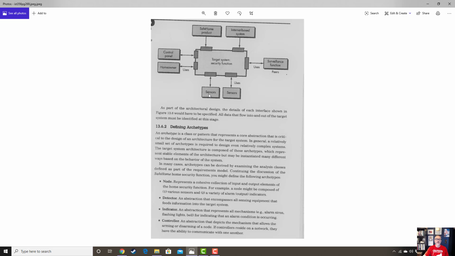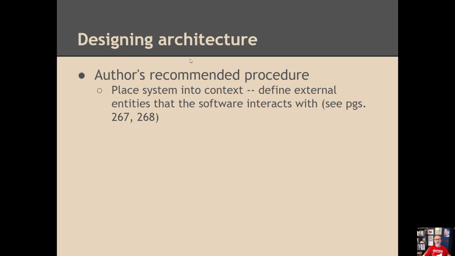It's superordinate to the sensors that it's going to access. That's a peer with the surveillance function, so that's a different part of the Safe Home system. And the pieces that interact with it are the homeowner and the control panel.